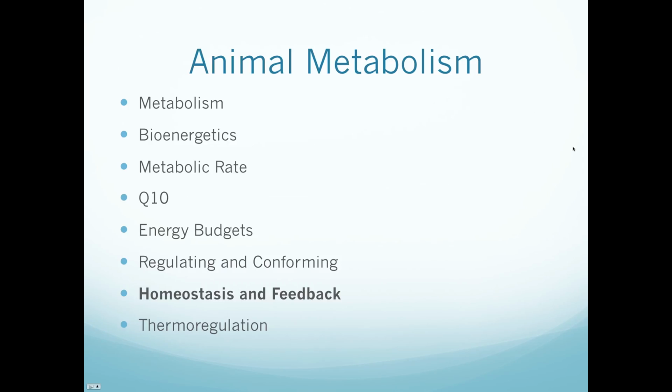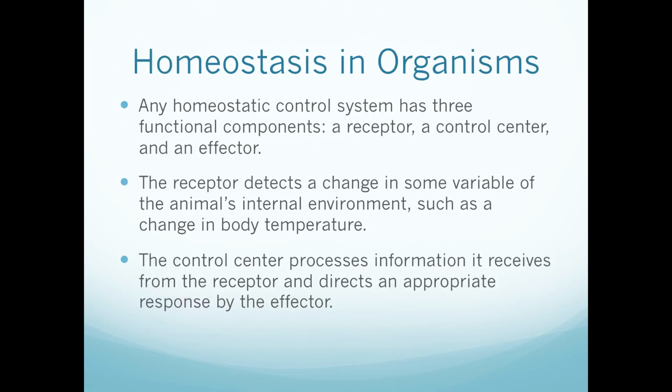So then we get to basically the crux of it, which is homeostasis and feedback. You guys know at this point that homeostasis in an organism is the regulation of the internal body or the cell, depending on what level we're talking about, as the external environment's changing.